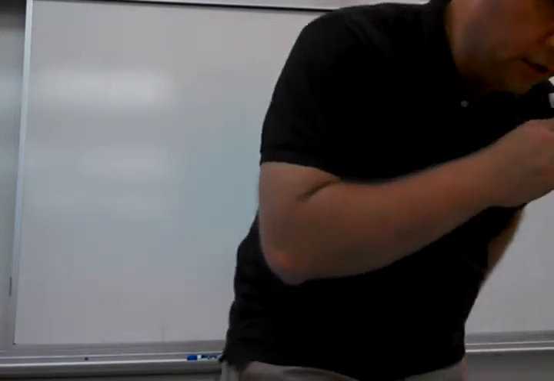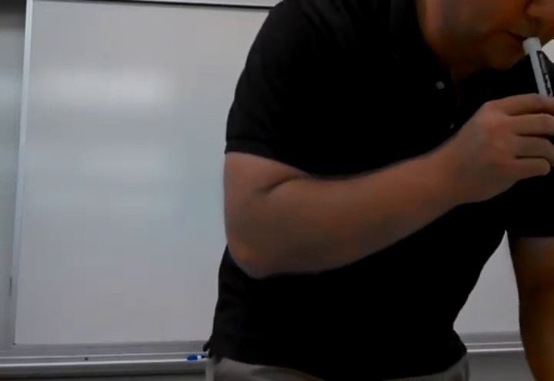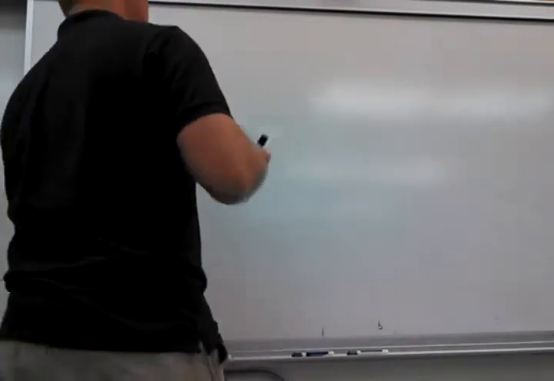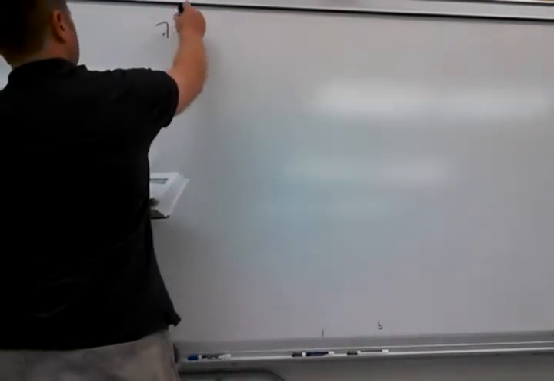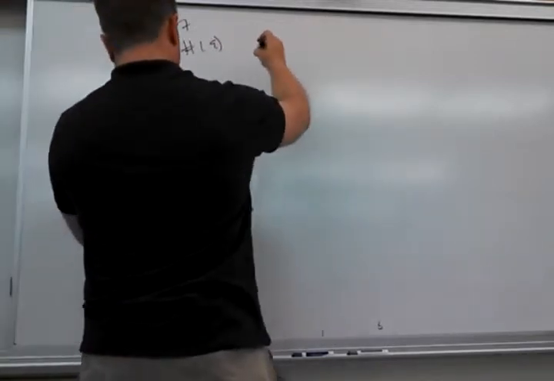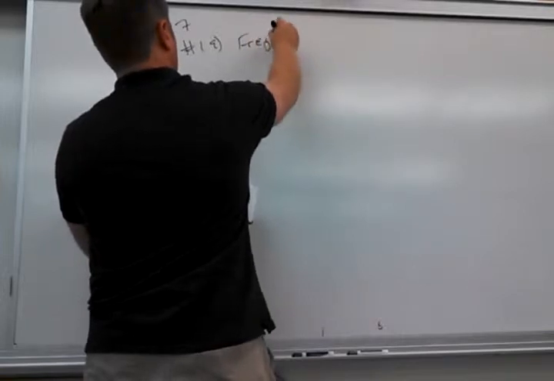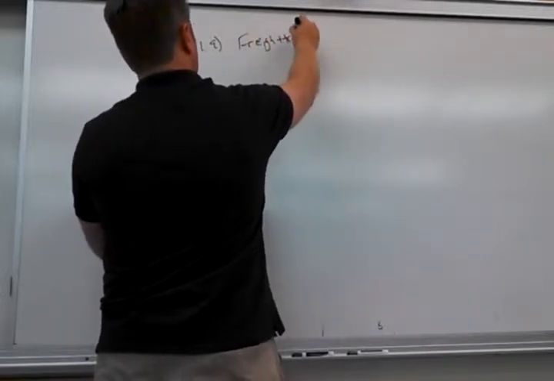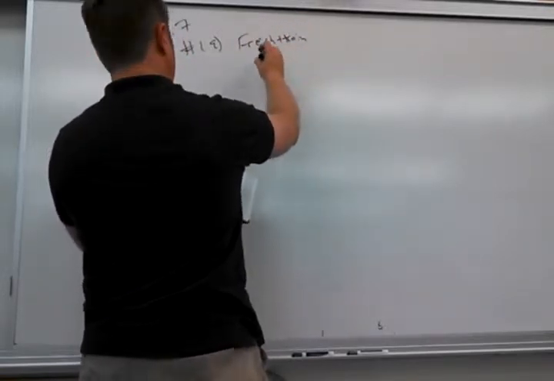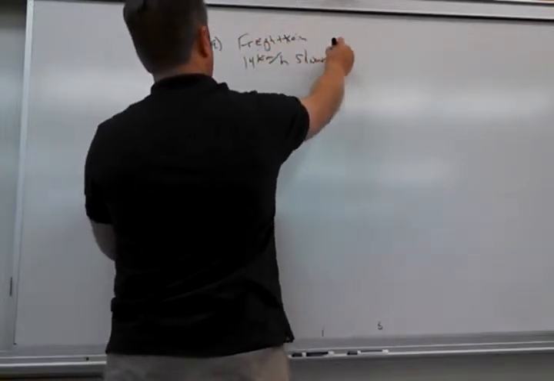So looking at the homework, number 19. Looks freaky. What section is that? Section 7.7. So this one says a freight train is traveling 14 kilometers an hour slower than a passenger train.